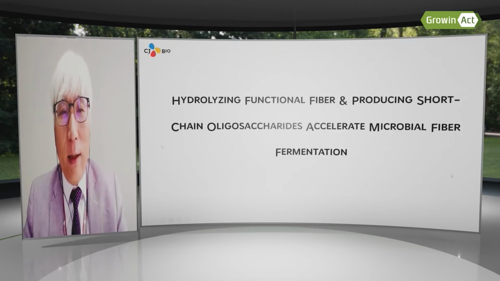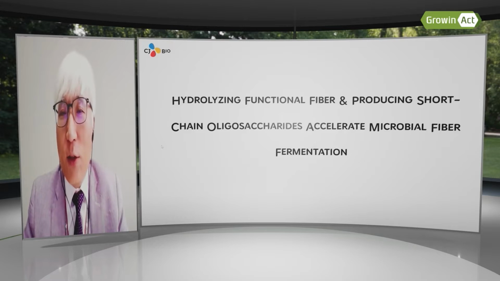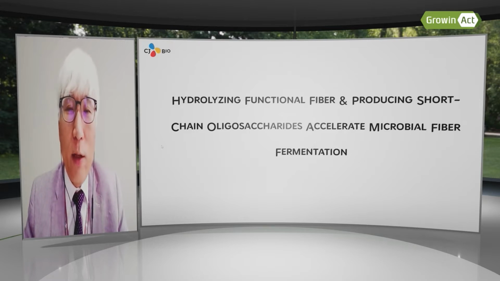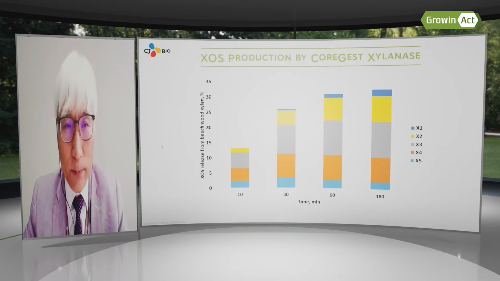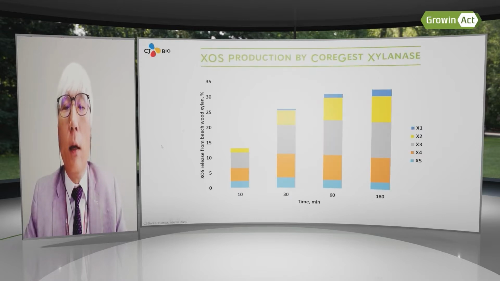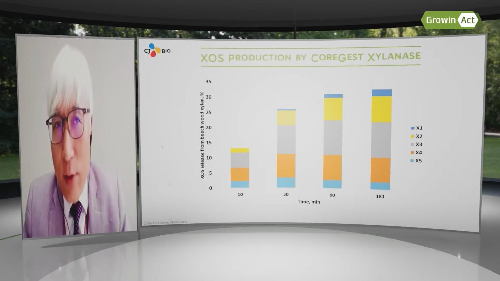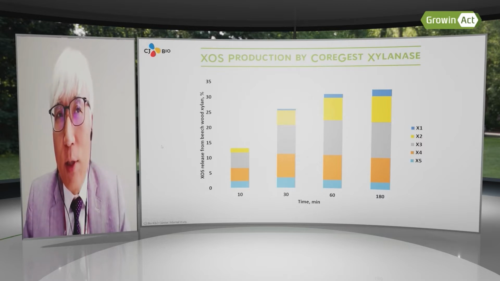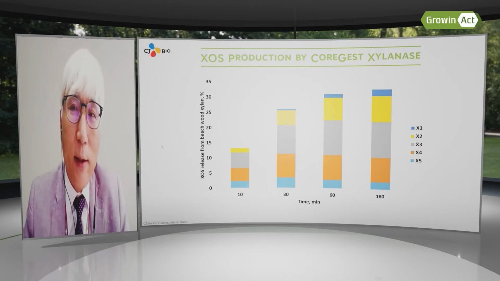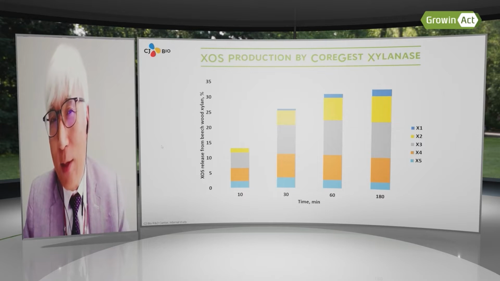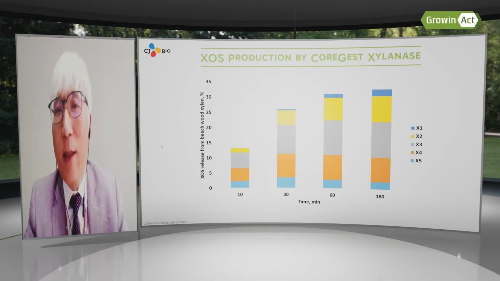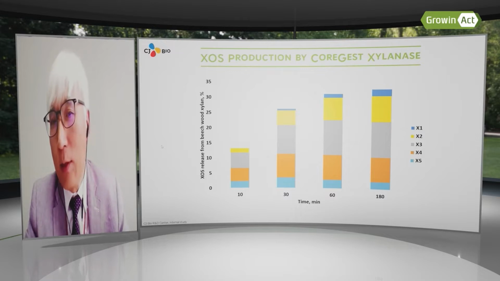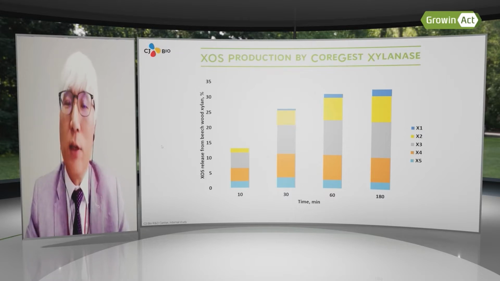So I'm going to move on to how hydrolyzing functional fiber and producing short-chain oligosaccharides can accelerate microbial fiber fermentation. One of the major characteristics you have to check when you are considering use of a non-starch polysaccharide hydrolyzing enzyme for monogastric animals is to look at the end product of the action of the enzyme that you're going to include in your diet.